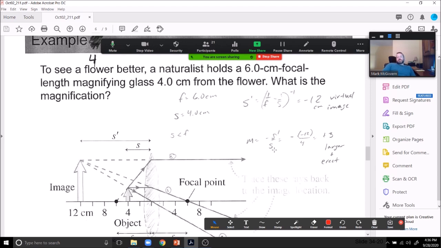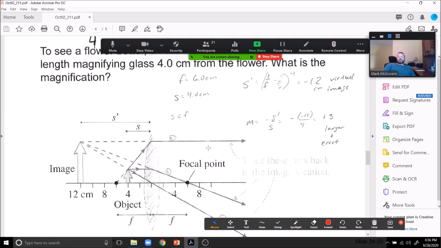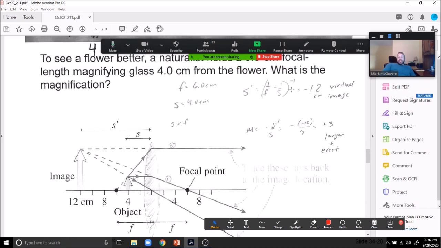Magnification is minus S prime over S. We get a value of 3. It's upright and also 3 times larger. And see what happens when you do this here. If you start to move this object closer to the focal length, well, if you're holding the magnifying glass, you're pulling it back more, right?